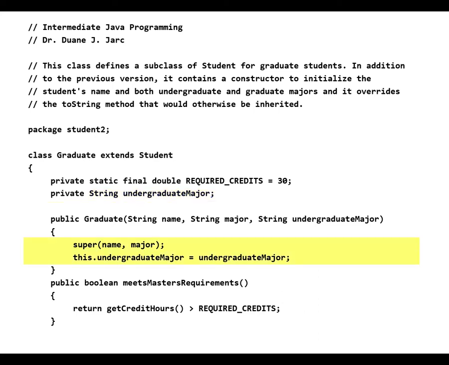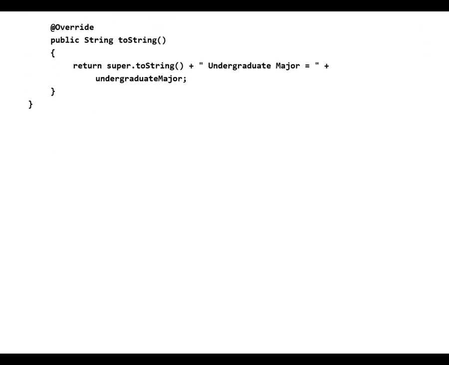Notice that the constructor for this class accepts 3 parameters, and that the first 2 are passed to the superconstructor, but the third one is initialized in this method. Observe also that the call to the superconstructor is the first statement of the method, as it must be. Let's scroll down to the last method in the class.